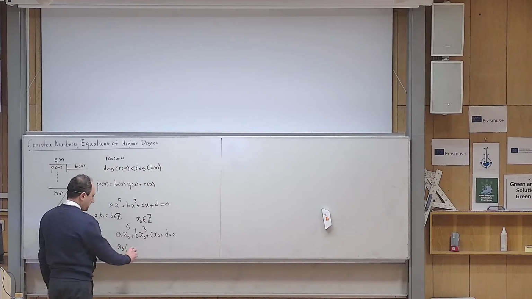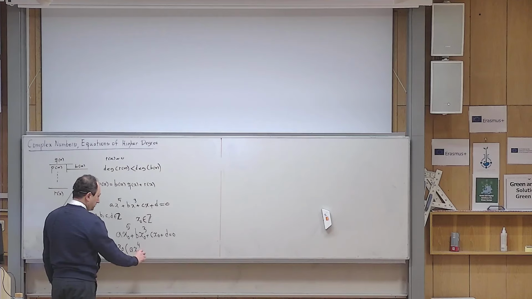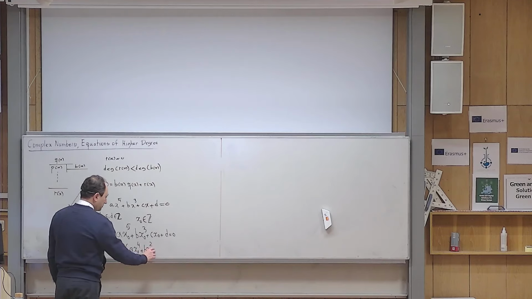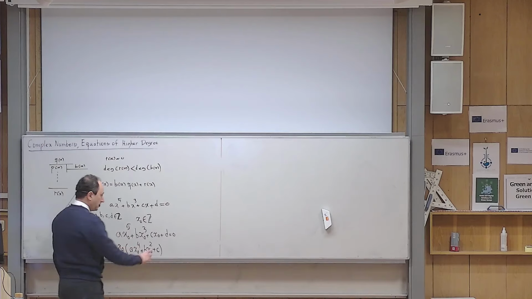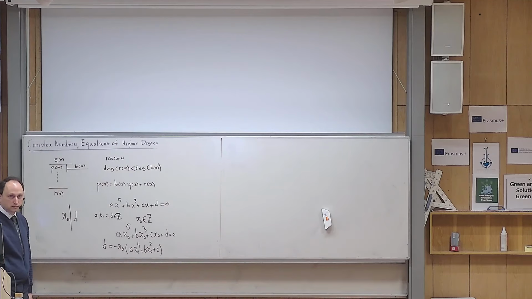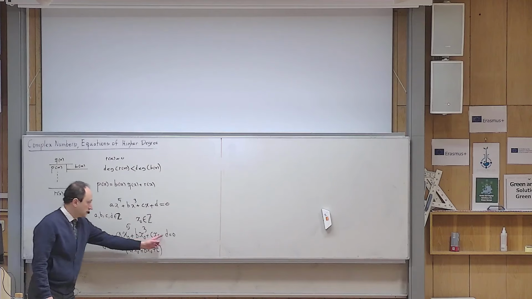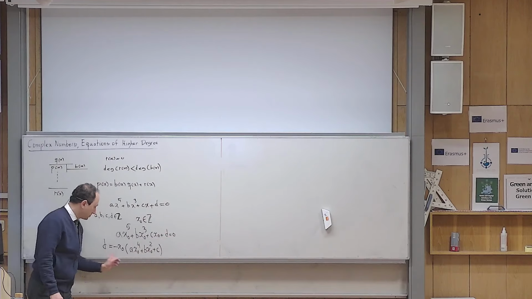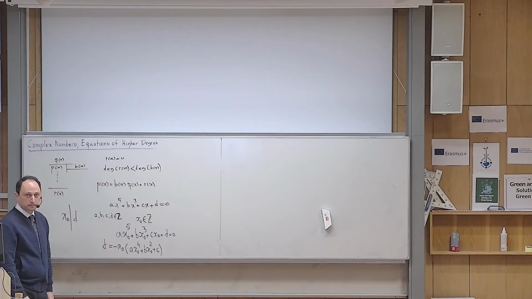It becomes a x naught to the power of 4 plus b x naught to the power of 2 plus c. And then I move d to the other side, so d becomes equal to the negative of this. Do you agree with me?